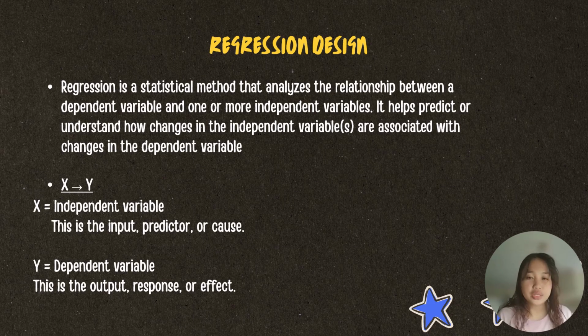So in regression design, samples should have large variation in the independent variables. It means that for the example I gave earlier, it is better to have a large number of samples with different daily screen time. This is to see whether it really affects the vision test result.